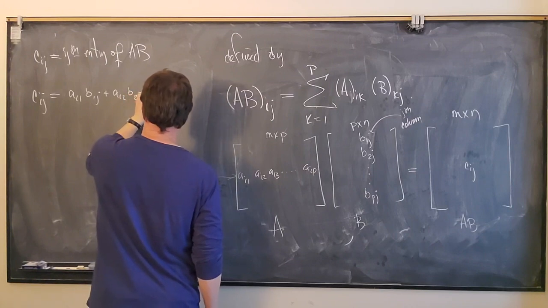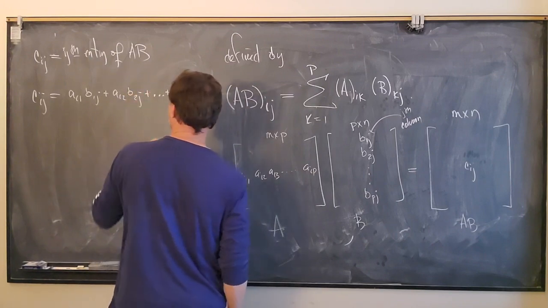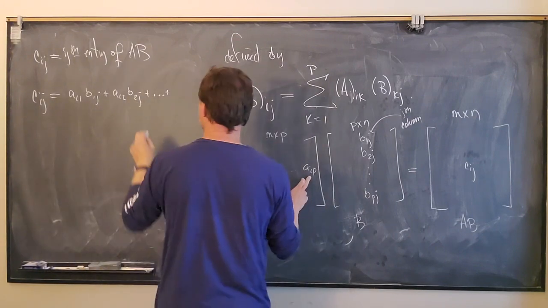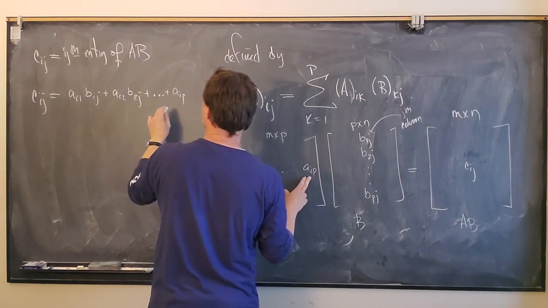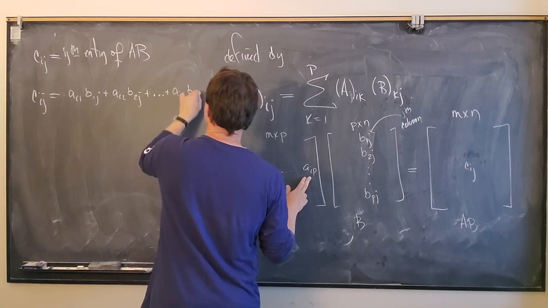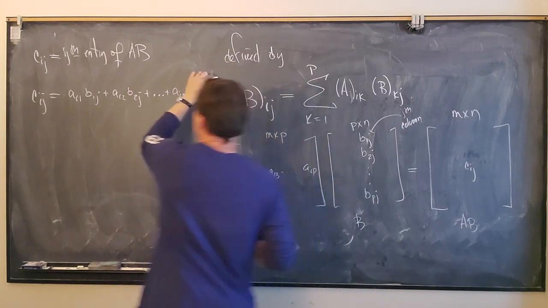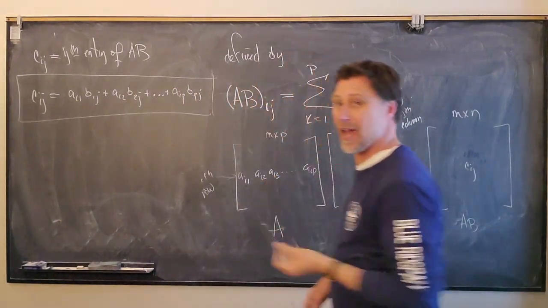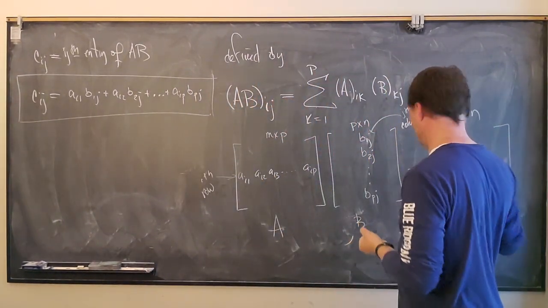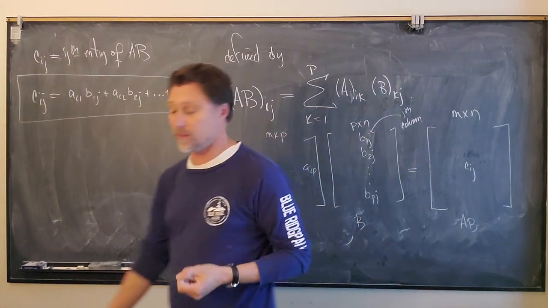And you keep going, dot, dot, dot. Eventually we'll get to A iP times B Pj. Right, so that right there tells you how to get the ijth entry of A times B. It's complicated.